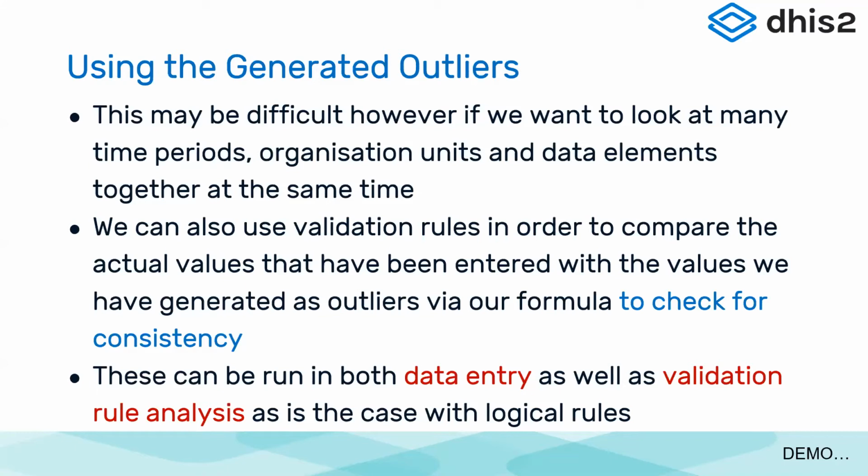That is, you can change your org unit dimensions, you can come up in the hierarchy, and you can change your period dimension. You can even validate yearly, monthly, likewise quarterly. So that is about validation rule analysis.